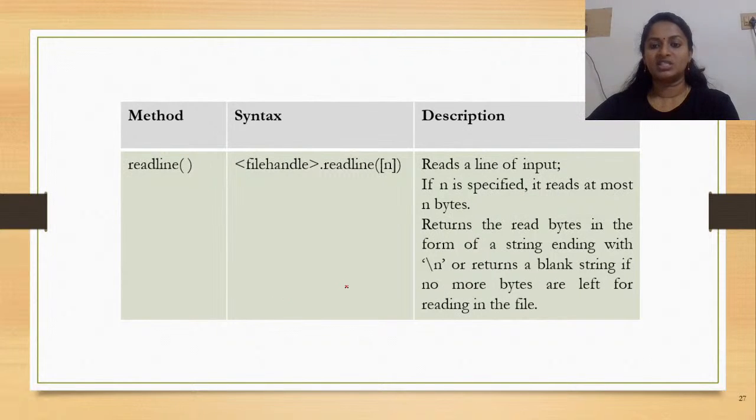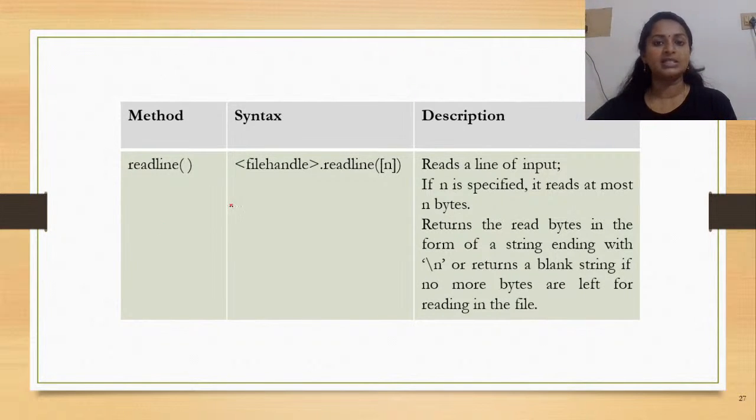Now moving on, this is what you have been asking, right? See here, readline. Now, when you were using just the read function, the read could be used either for a selected number of bytes or for the entire file. When it comes to readline, you are talking about a specific line of input. The contents of the file can either appear as a line of text or as a whole.